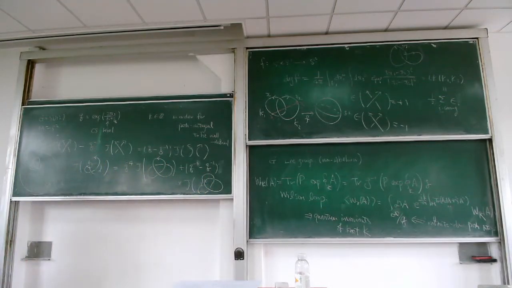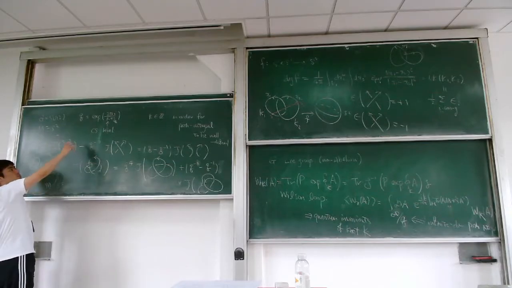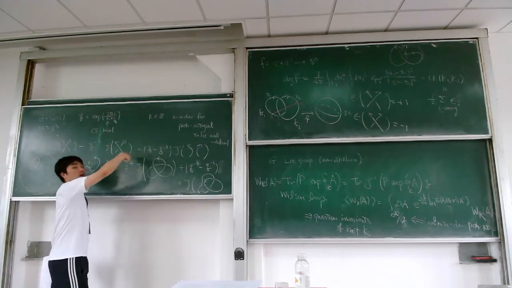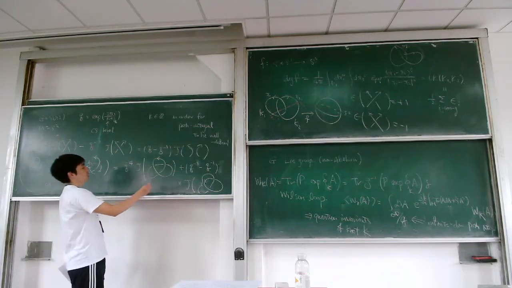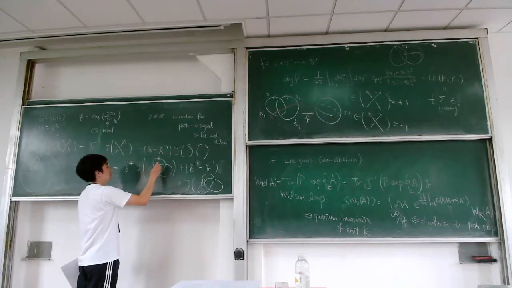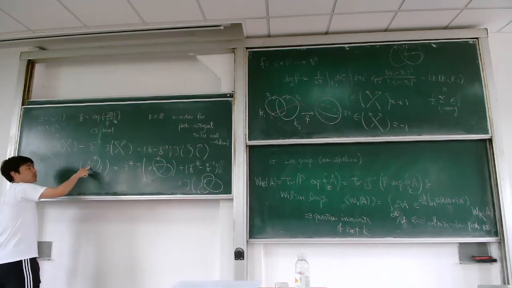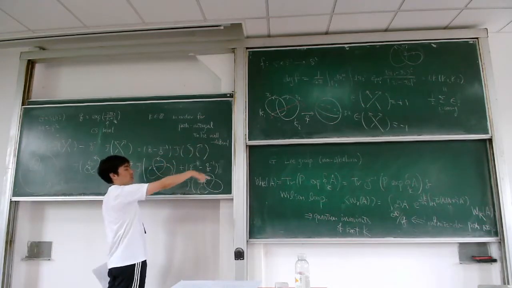Okay, since this yellow part locally looks like this one, just replace this one with this plus this, up to a q factor. So then what you get is this one and then this one. So it becomes a positive crossing to negative crossing, and the other is the resolution.